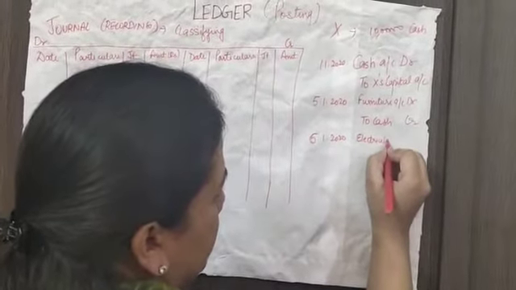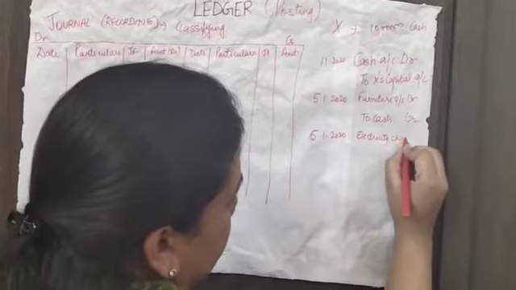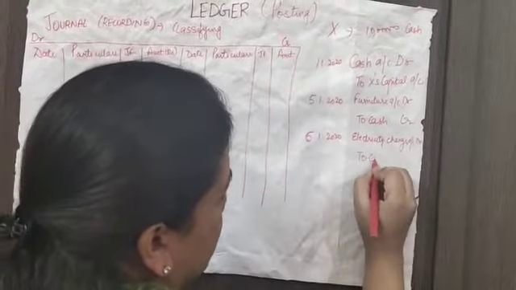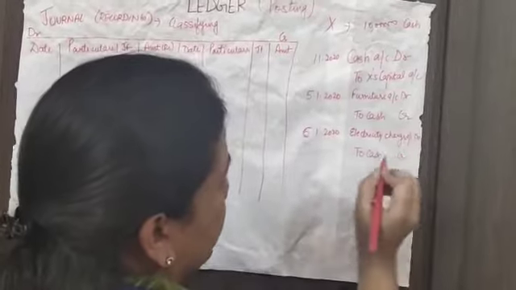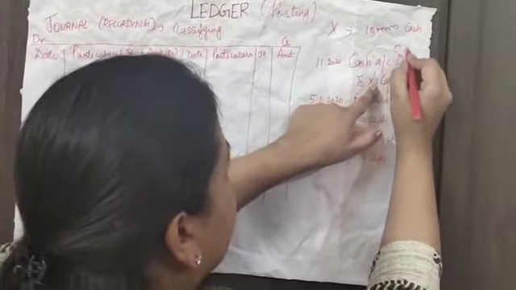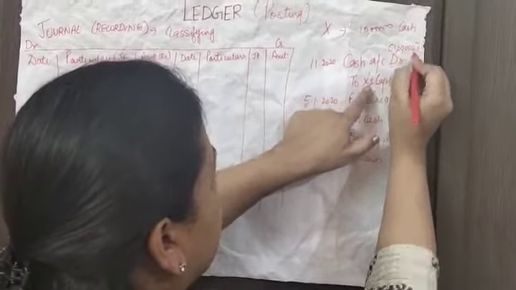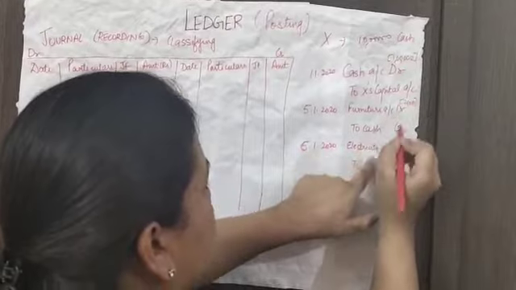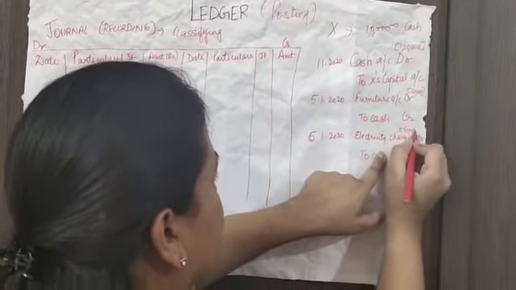Electricity charges account debit to cash account, which is credited. Let's say here the amount is 1 lakh, here the amount is 20,000, and here the amount is 5,000.